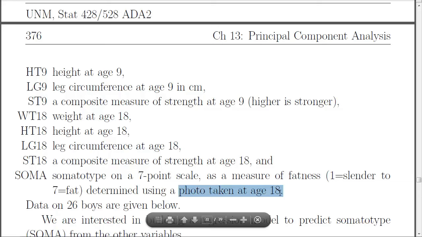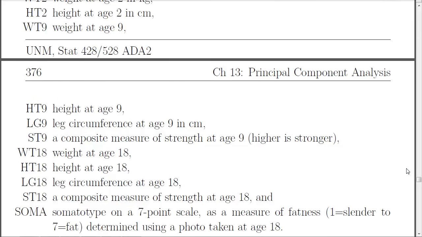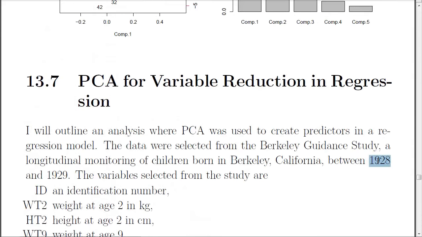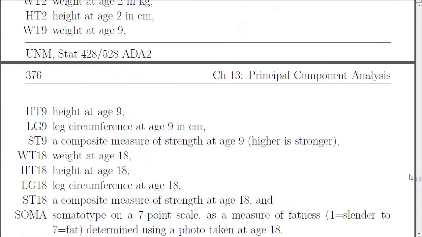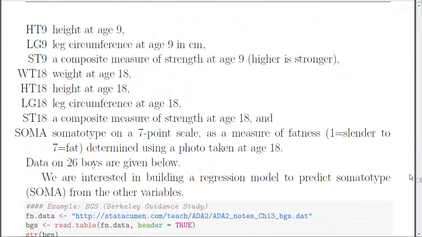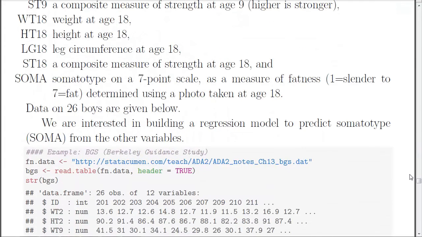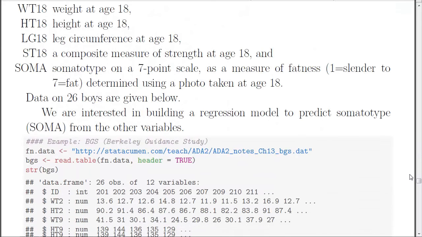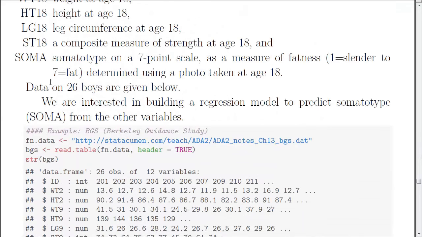This is based on a photograph of the person when they were 18, and this was studied in 1928. We probably use other ways of assessing this these days, for example, something like the BMI, the body mass index, which is not a great measurement either, in my opinion.